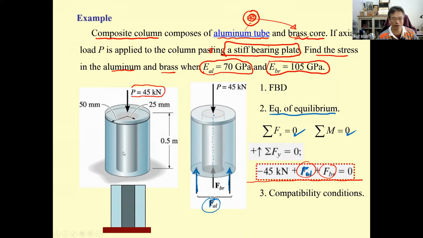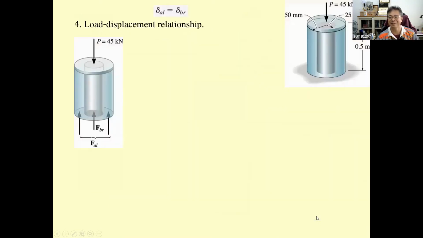If you put this one under the force, the column shortens, the aluminum and the brass shorten by the same distance. So you may say the deformation of aluminum equals the deformation of the brass. And then it's really simple, right?